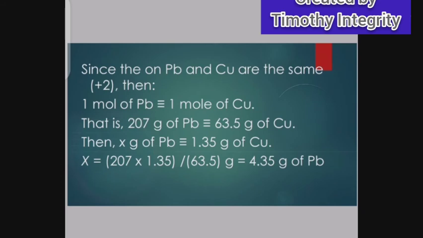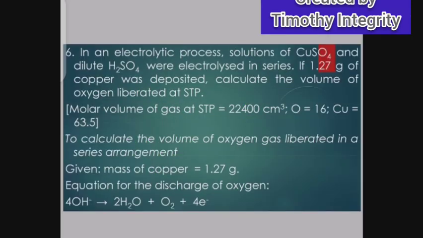Therefore, X grams of lead is equivalent to 1.35 grams of copper. We are equating them this way because they have the same number of charges, so they require the same number of Faradays for their discharge. So X is now 4.35 grams of lead.